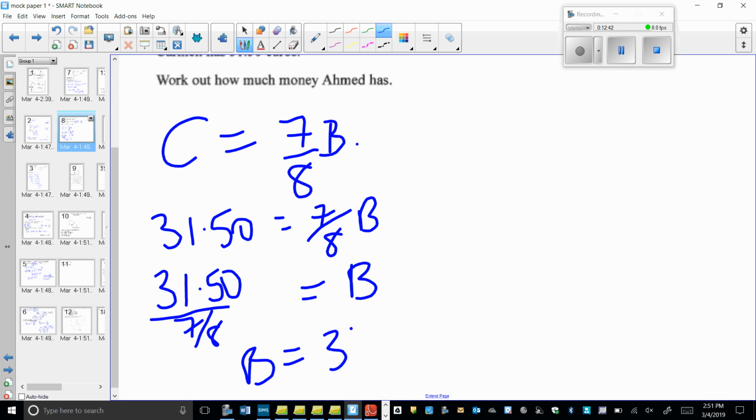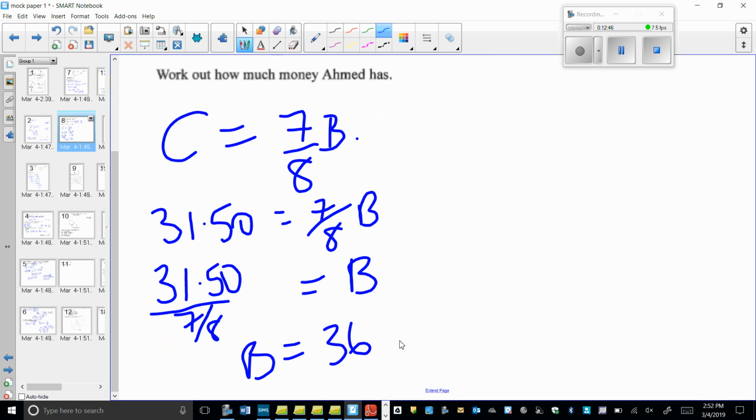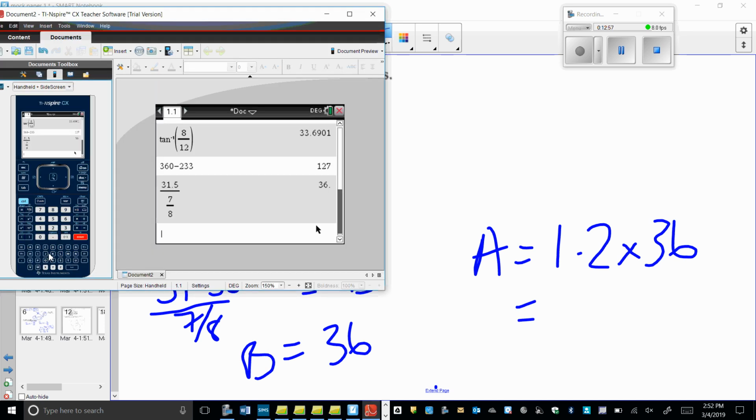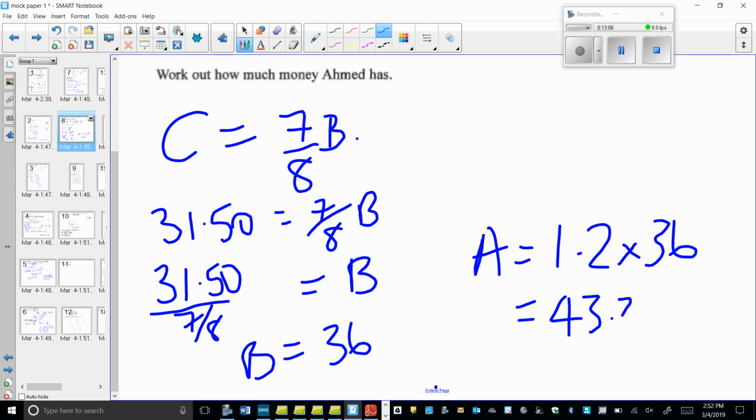So we have 36, and Ahmed has 20% more than him. So 20% more means you're going to multiply that by 1.2, which is 43.20.